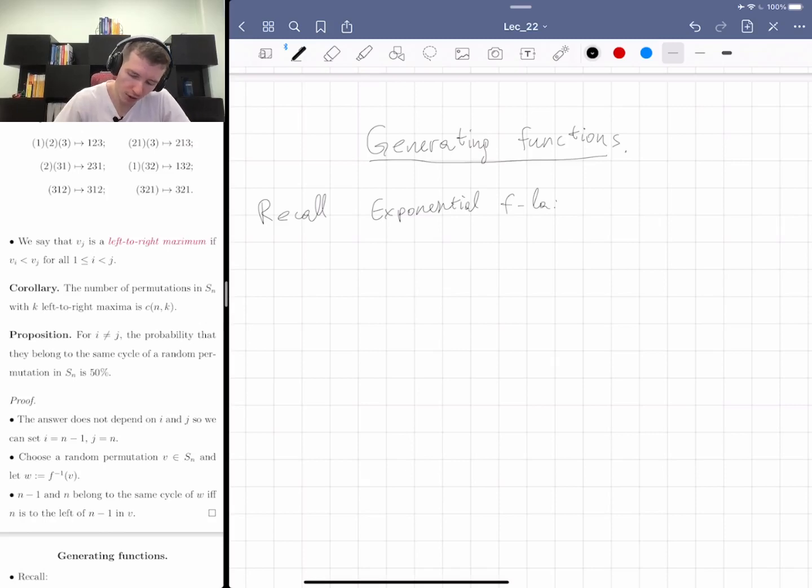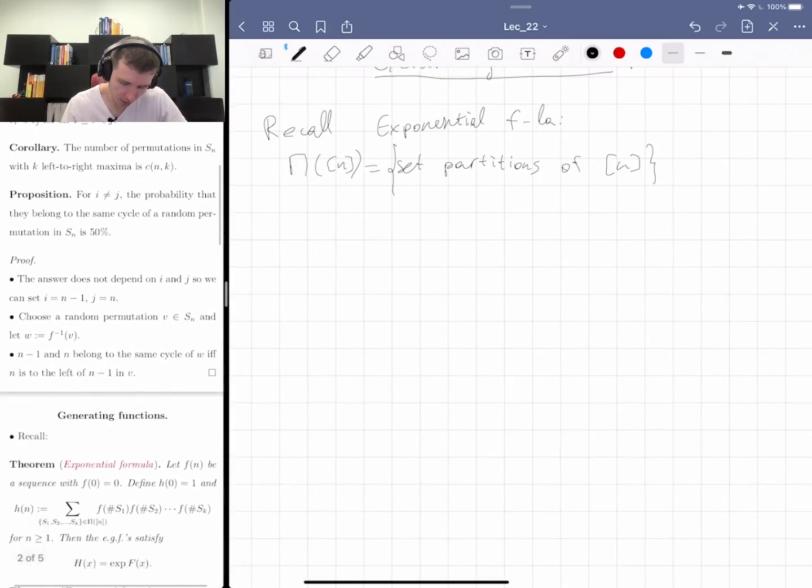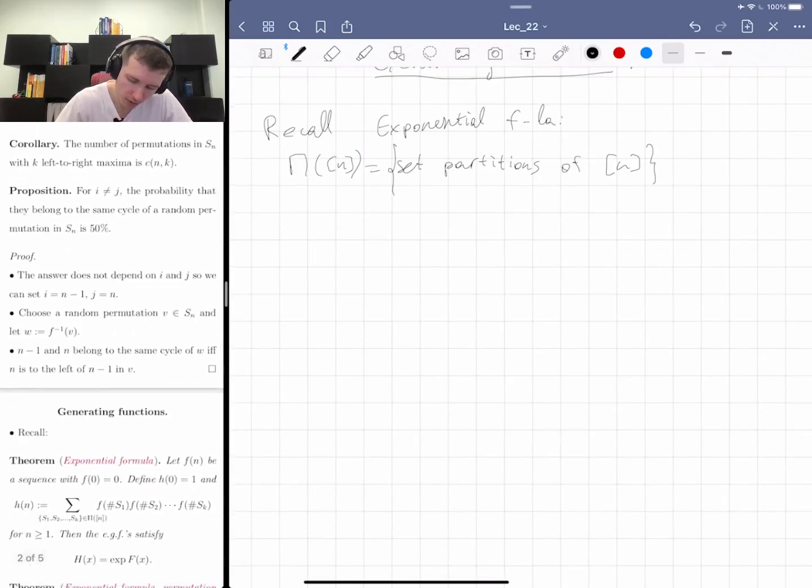Right, you denote by pi of bracket n the set of set partitions of bracket n, and then the exponential formula tells you that if you have two sequences, and let me even try to split screen. So you have a sequence f of n, and f of 0 is equal to 0.